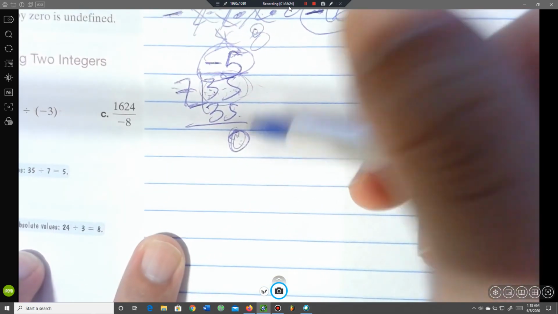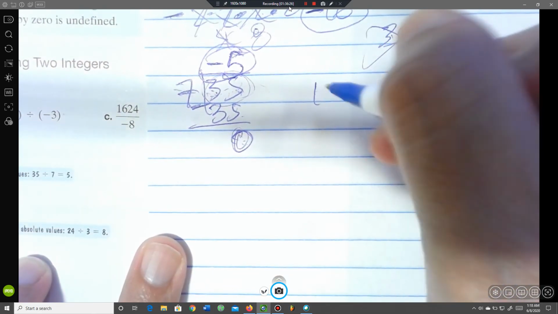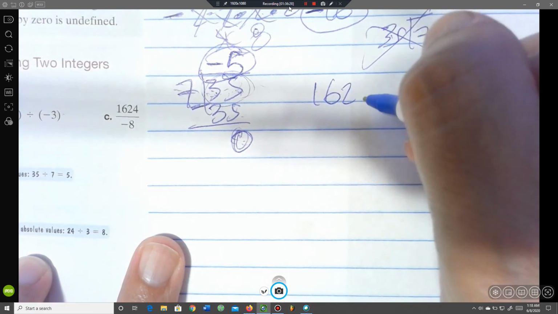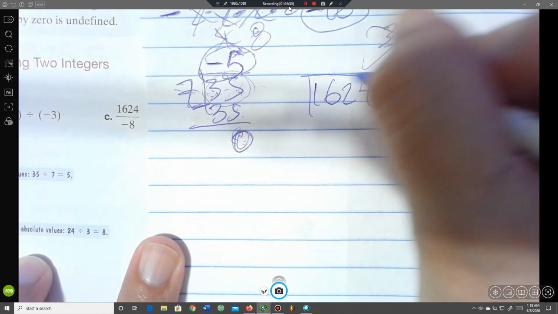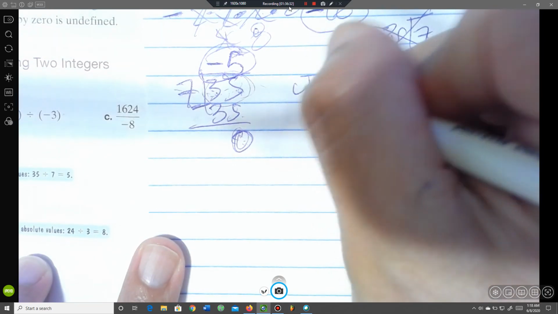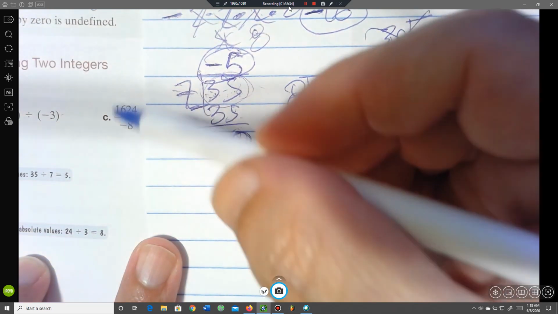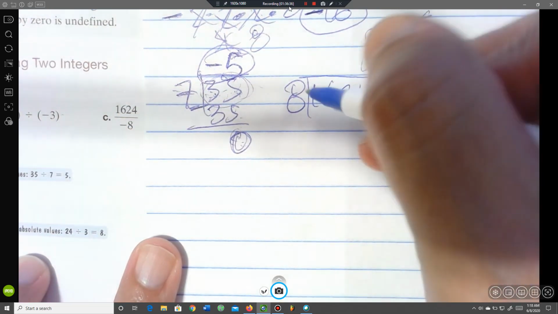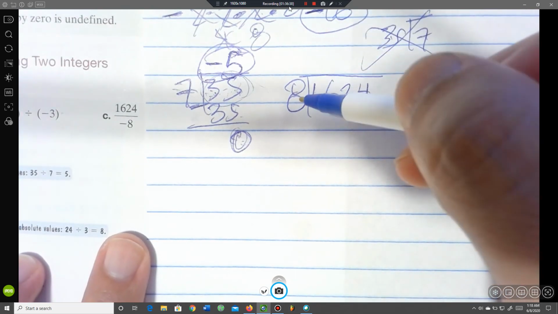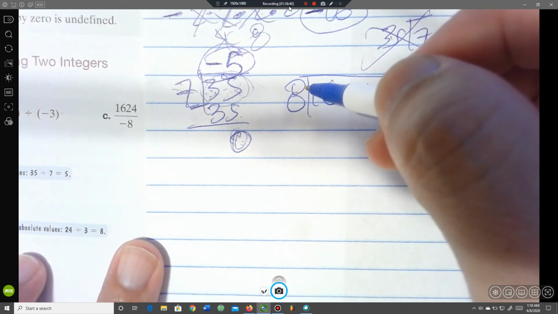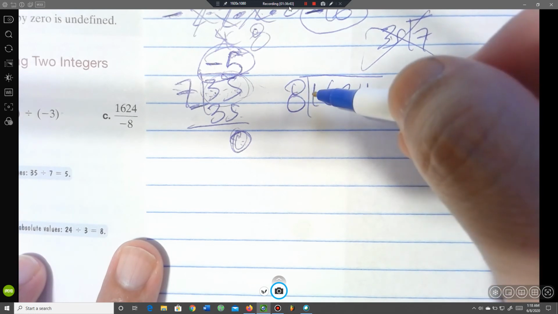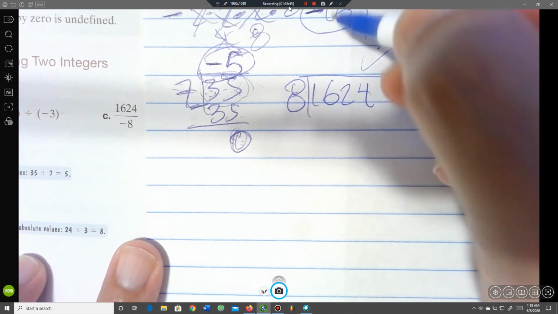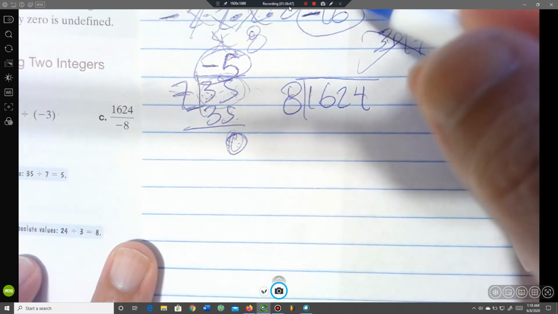All right, so let's move on to this one here. 1624 divided by 8. Let's worry about the signs at the end. Here, again, I ask myself, does 8 go into 1? None, so you don't write anything up there.